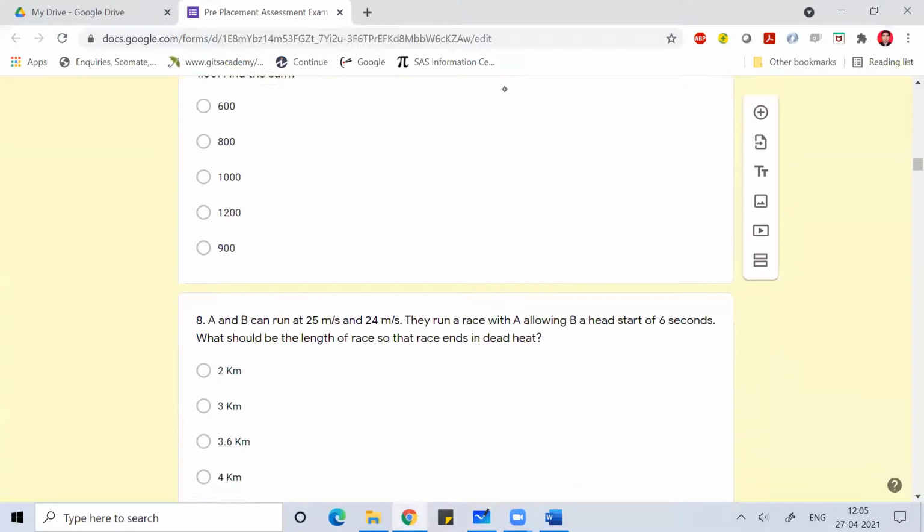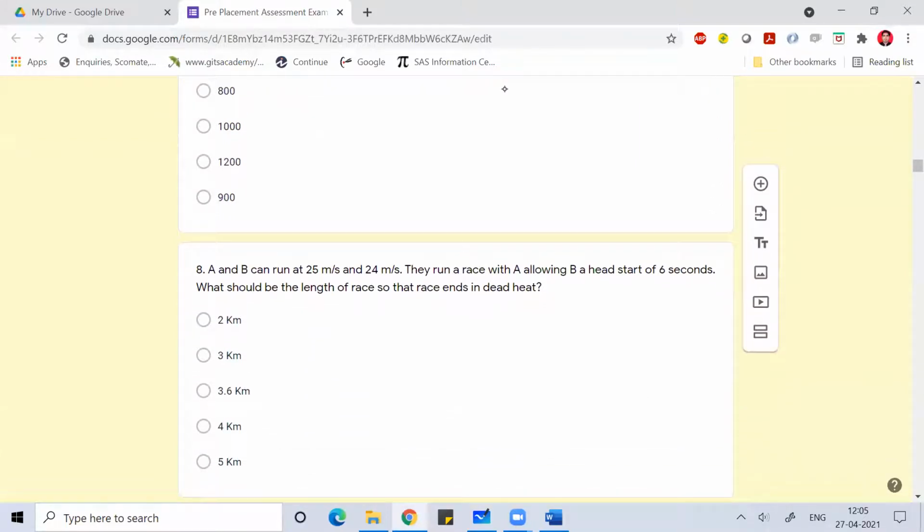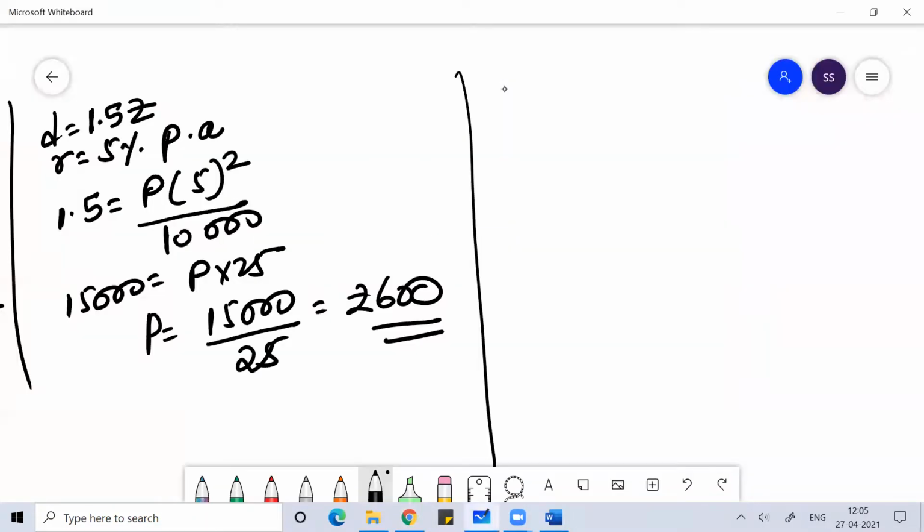Okay everyone, this question number 8 is again on the same concept, races and games. A and B run at 25 and 24 meters per second. They run a race with A allowing B a head start of 6 seconds. So A has given a 6 second head start to B, meaning A told B to run 6 seconds extra. If A is running for T seconds, B runs for T plus 6 seconds, because A is faster than B. That means head start.